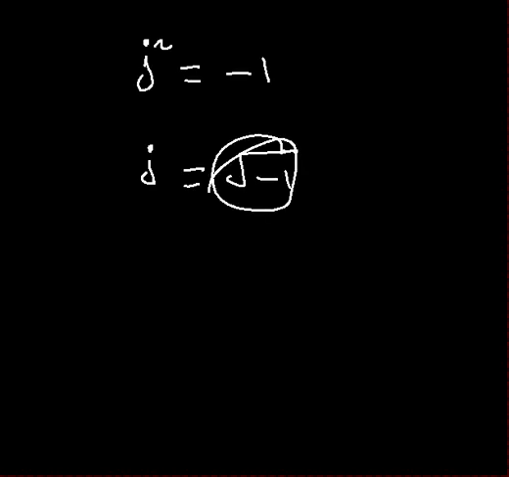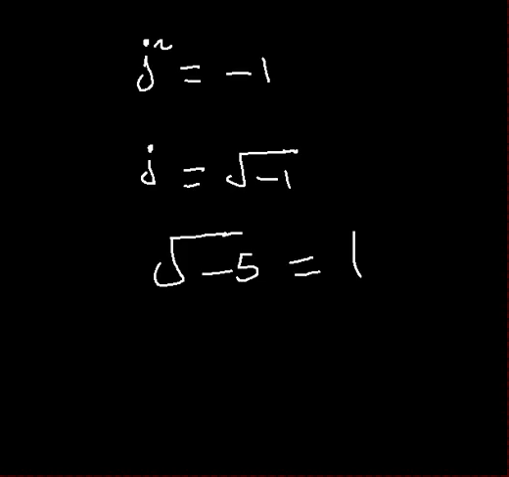From this analogy, what it tells us is that if we have, let's say, the square root of negative 5, this is the same as the square root of negative 1 times positive 5. We just have to separate using the brackets for you to have the full insight.